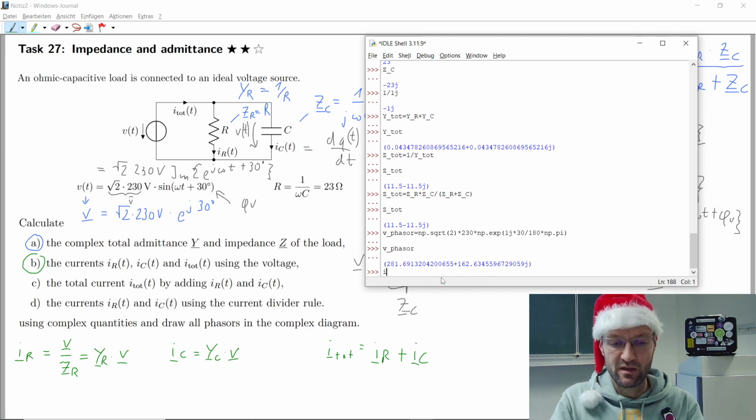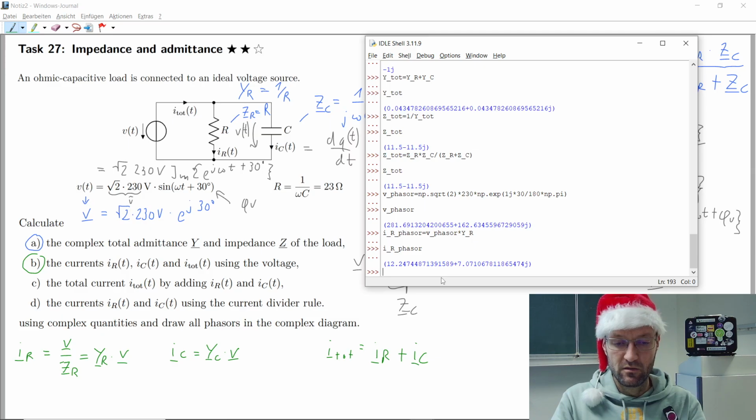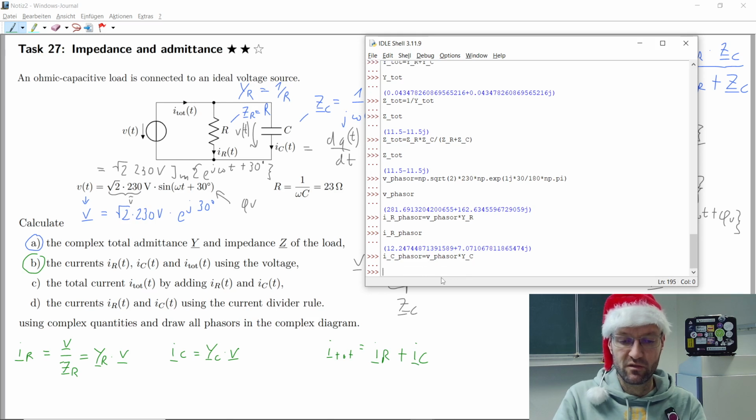Okay, so now we can calculate the current IR as a phasor and say it's the voltage phasor multiplied with the admittance of the resistance, and we get something. And we can do the same for the capacitor and say, okay, IC phasor, we get this by multiplying with the admittance of the capacitor, and we get some other value.